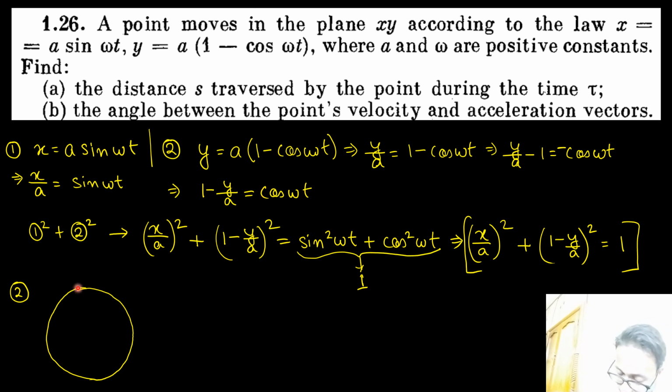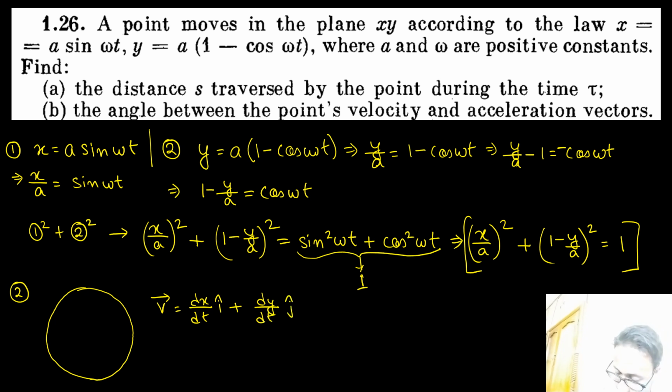But what is the actual magnitude of velocity? Most of the time the magnitude of the velocity also remains constant. Let's check it out. So v vector equals dx by dt i plus dy by dt j.